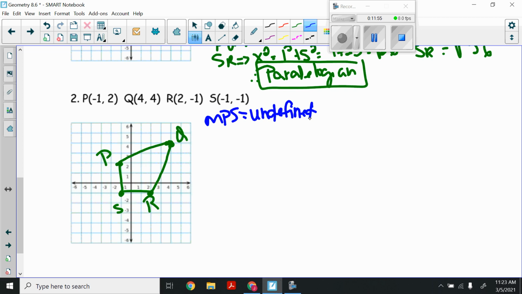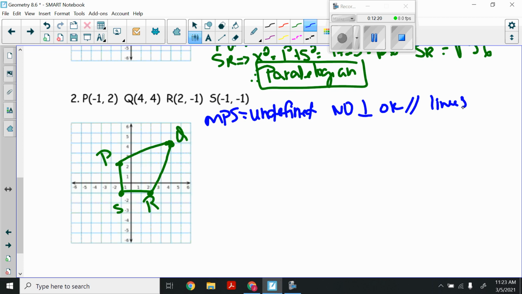So my slope of PS is undefined. I see that I don't have any horizontal lines, so I know I don't have any right angles in there. I can tell that PQ and QR are not parallel, so I have no perpendicular or parallel lines. Okay. So that takes out all of my parallelograms.